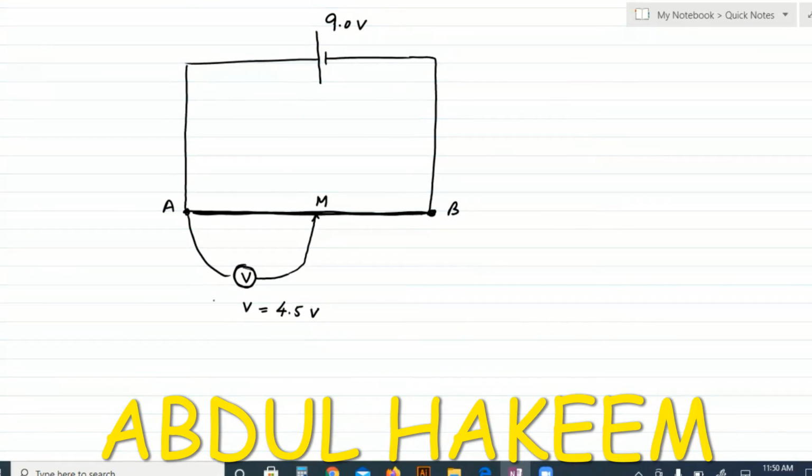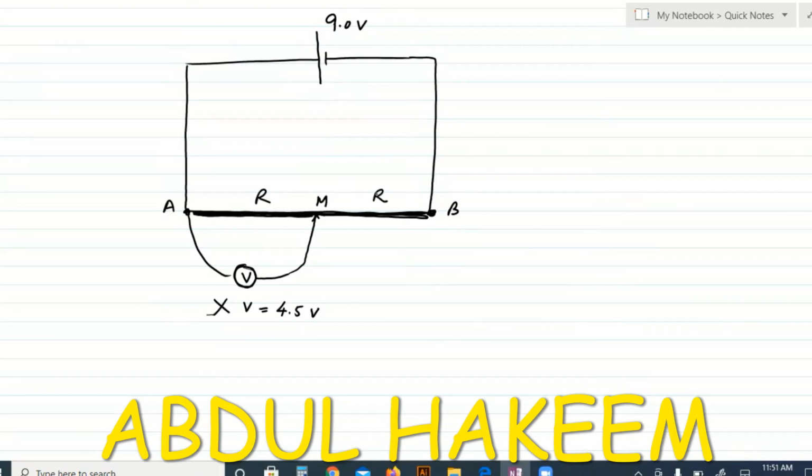But practically, it will not be 4.5. Reason number one: if the wire is considered of uniform cross-sectional area, and AM has resistance R, then MB has resistance R.